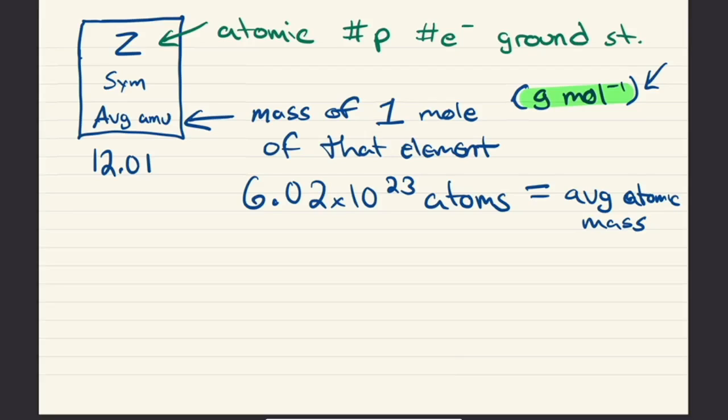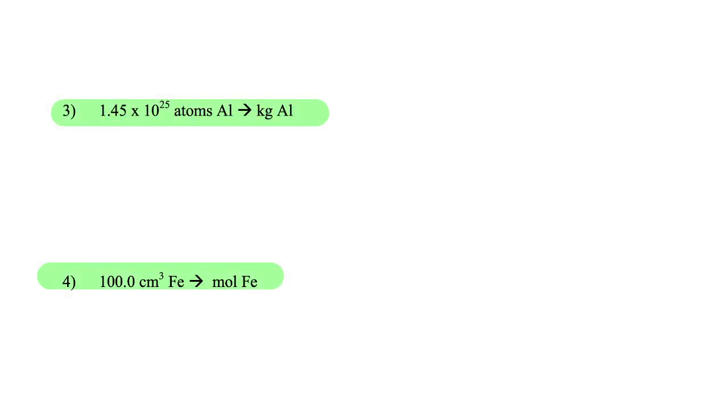Because 6.02 times 10 to the 23rd is Avogadro's number, and that is equivalent to 1 mole of a given substance. So as a quick review, that is implied in this calculation of grams per mole in your periodic table. The question asked us specifically, if we had 1.45 times 10 to the 25 atoms of aluminum, how many kilograms of aluminum would we have?